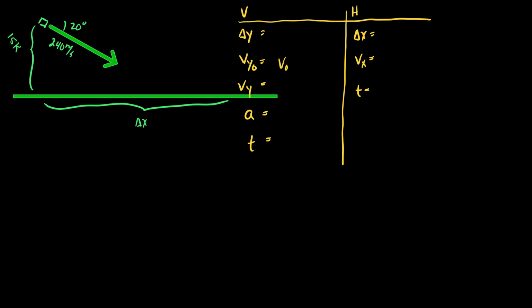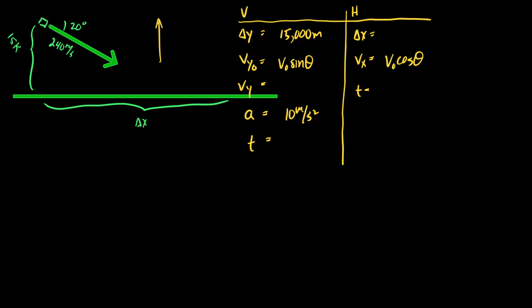This will be v naught sine the angle, and this will be v naught cosine the angle. I see no reason not to go back through that. The acceleration is gravity, so 10 meters per second squared. And the package has to fall 15,000 meters. So you asked, do you want upwards to be positive or negative?